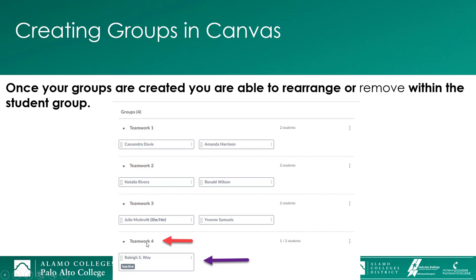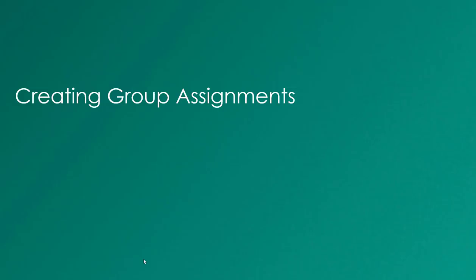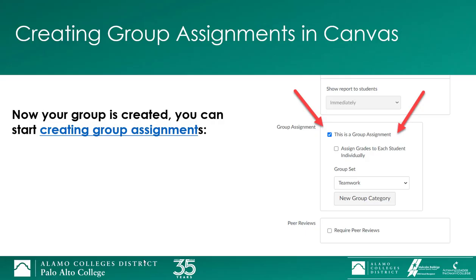If you have teamwork and then you don't have Raleigh in any of the groups, then anytime you make a group assignment, he's being left out of any assignments that you might create. So I highly recommend that you just make an additional group and have that one student in their own personal group of one. Now this section is going to be covering creating group assignments.